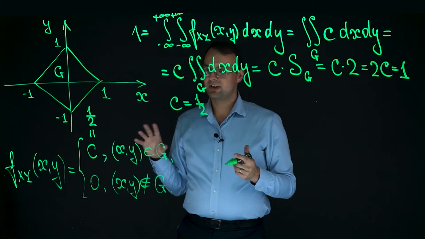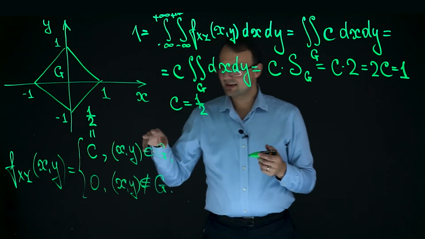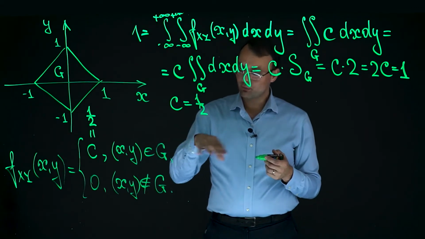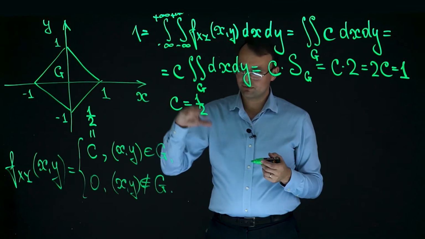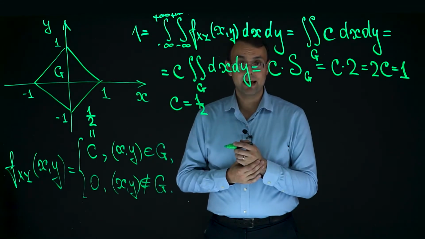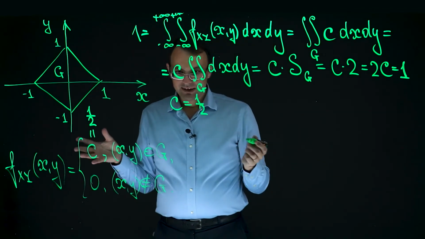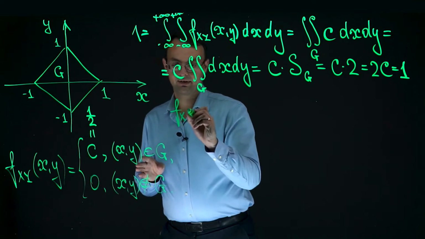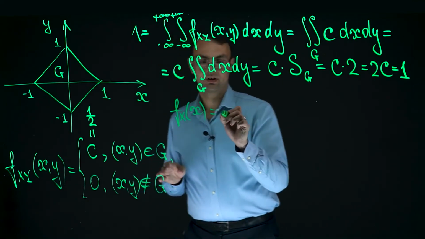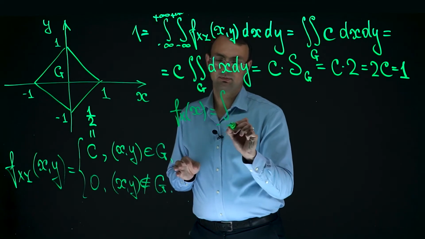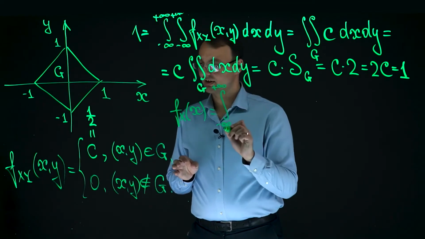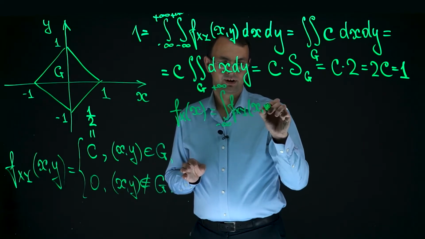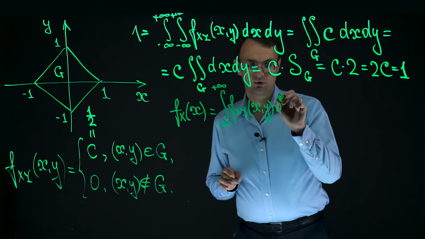Marginal PDFs can be found by integrating the joint PDF over x if we need the marginal PDF of Y, or over y if we need the marginal PDF of X. So let's try to do this. The marginal PDF of X is equal to an integral from minus infinity to plus infinity of the joint PDF over y.